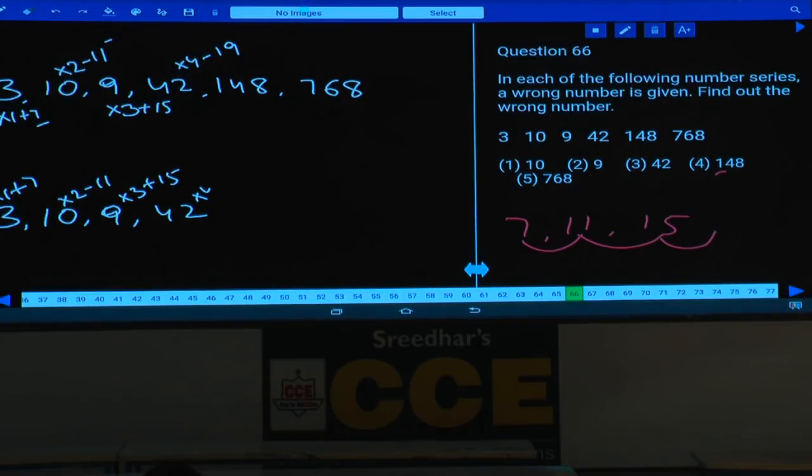Next one into 4 minus 19, because the difference is 7 and 11, 4, 11 and 15, 4, 15 plus 4 is 19, plus 4 plus 4 plus 4. 42 into 4 is 168. 168 minus 19 is 149. Then 149 into 5, tell me, here 750 minus 5 is 745. 745, then plus how much? Plus 23. 745 plus 23, yes, answer 768.